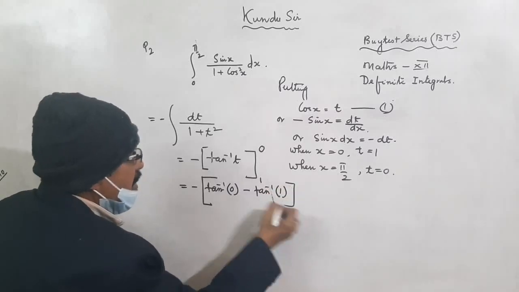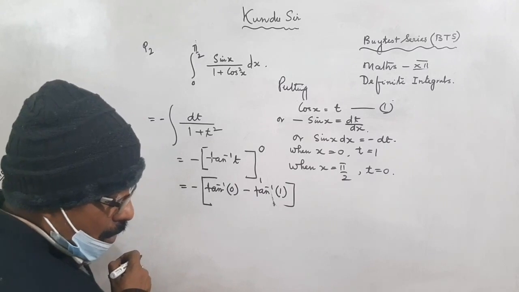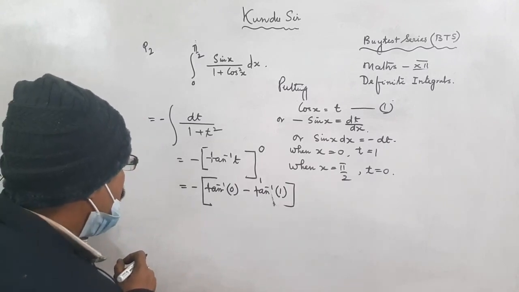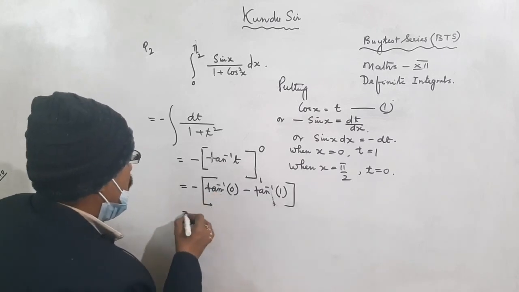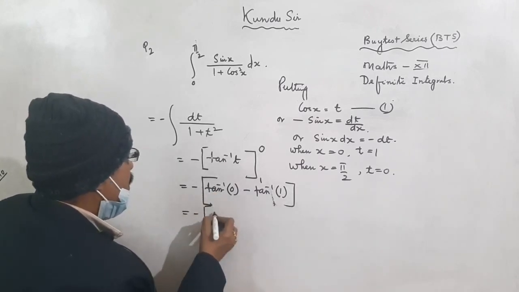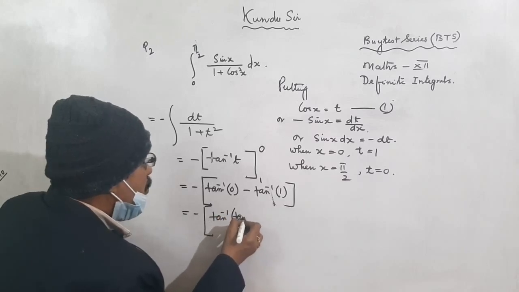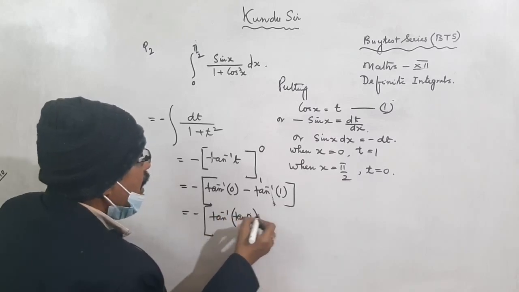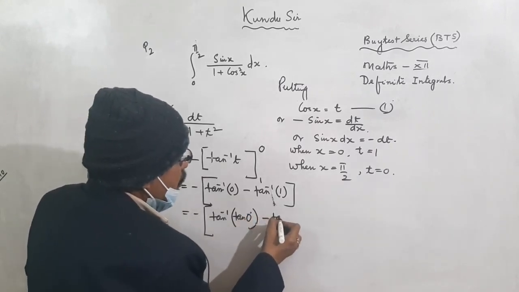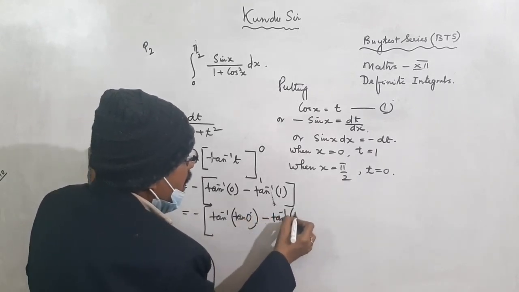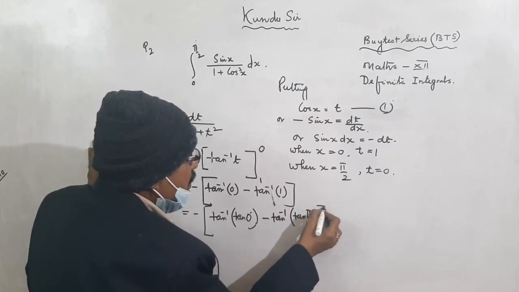What is tan inverse 0? That is sin 0 by cos 0, that is tan 0, minus tan inverse tan 0 and minus tan inverse tan pi by 4.